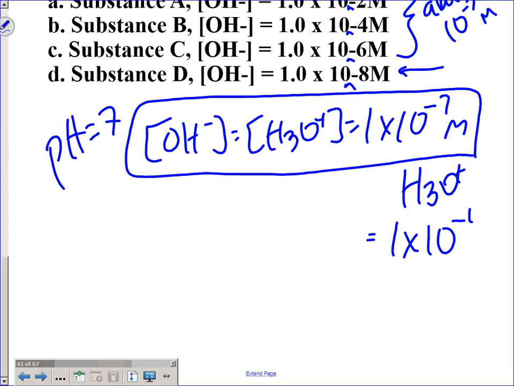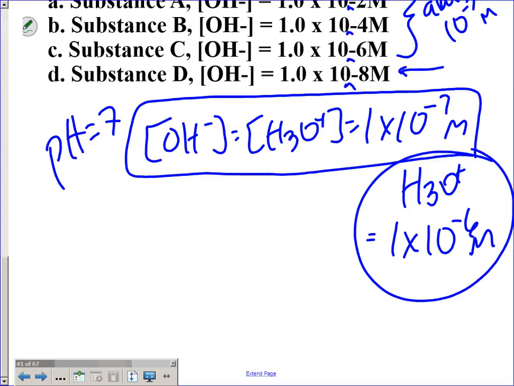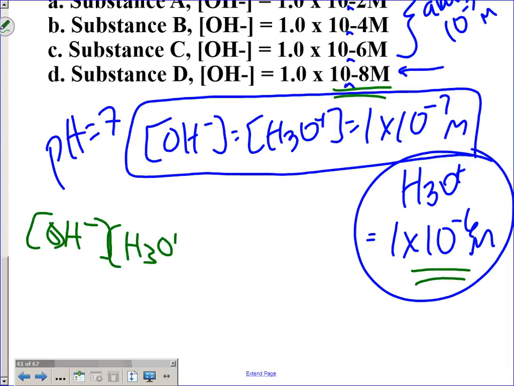So basically, oops, not 16, 6. So this together, 10 to the -6 plus 10 to the -8. What's -6 plus -8? -14. And that's what the concentrations of these together give when you multiply them. Isn't this one of your pH formulas?